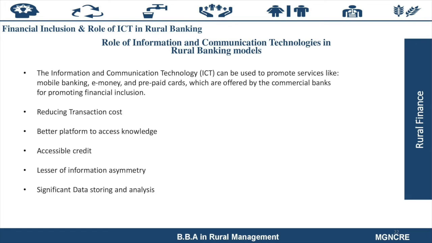Therefore, since digitization and ICT have taken a full-fledged run into the economy, we can say that information asymmetry has been reduced to a considerable limit, and therefore it has made our financial system today even more robust, even more capable.